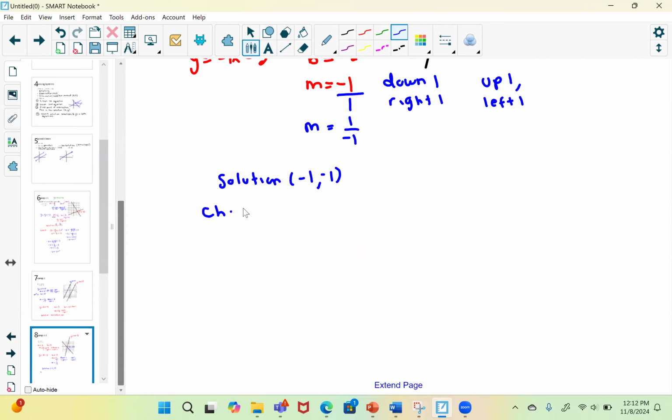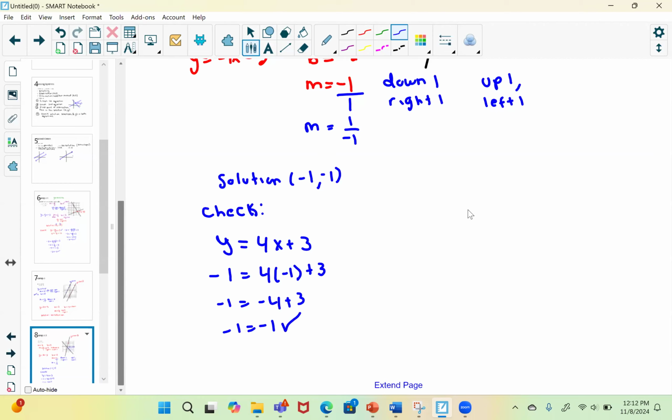And then we could do a quick check and plug it into both equations. So again, my first equation is y equals 4x plus 3. We have negative 1 equals 4 times negative 1 plus 3. 4 times negative 1 is negative 4 plus 3. Negative 1 equals negative 1. So we're good. The second equation is negative x minus 2.